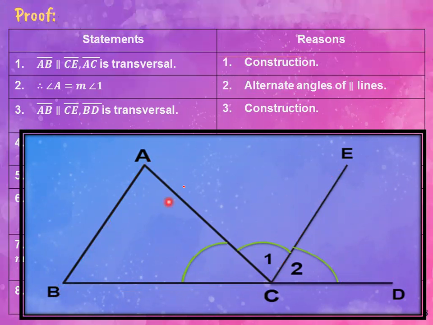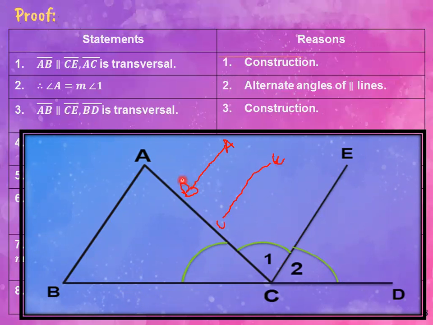Now I'm going to draw this AB. So this is your AB, this is A and this is B. Now I'm going to draw this CE because AB is parallel to CE. So this is your C and this is your E. Now BD is the transversal.